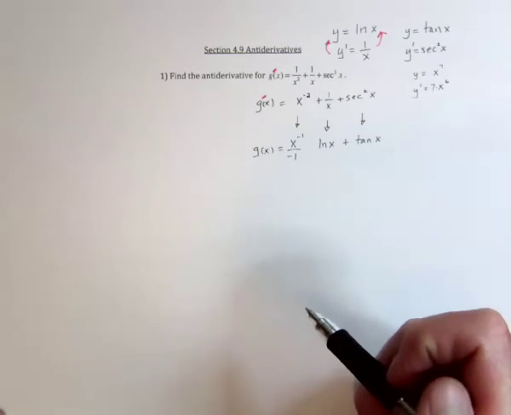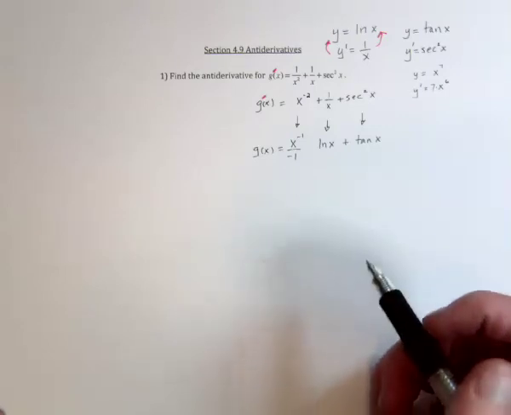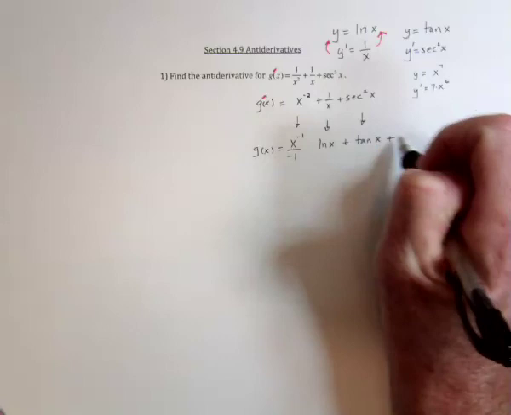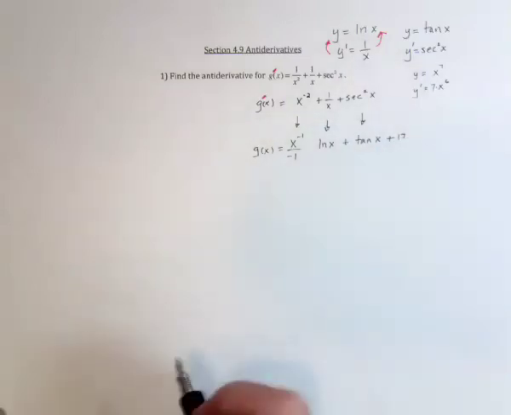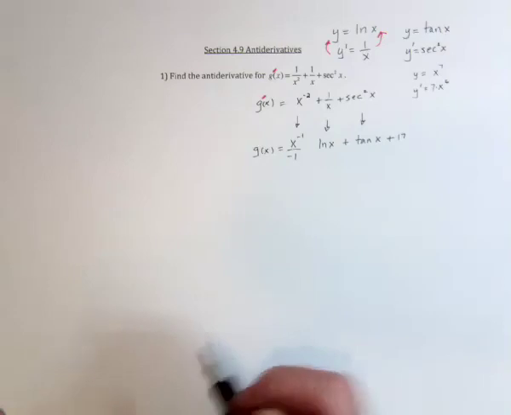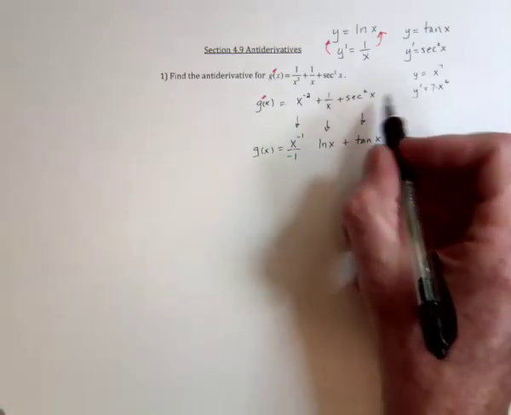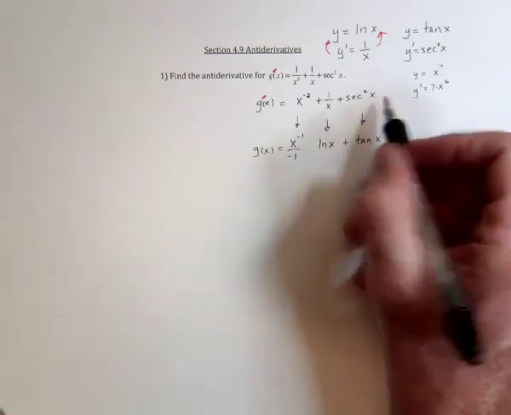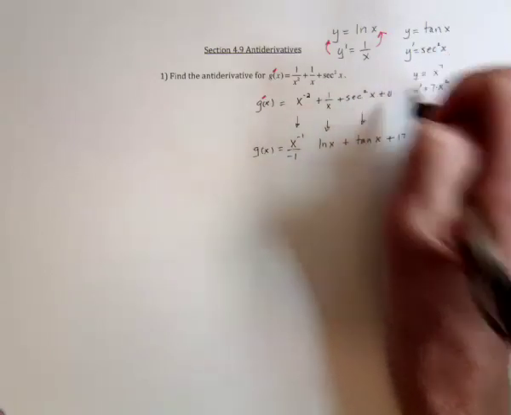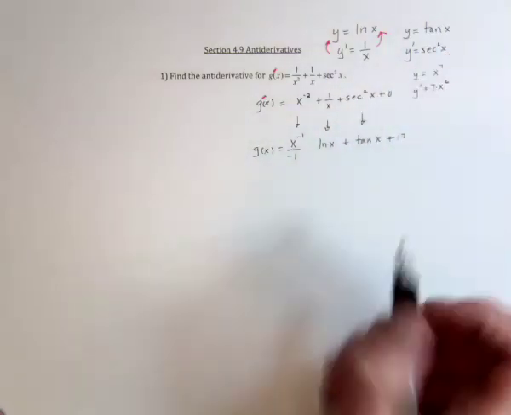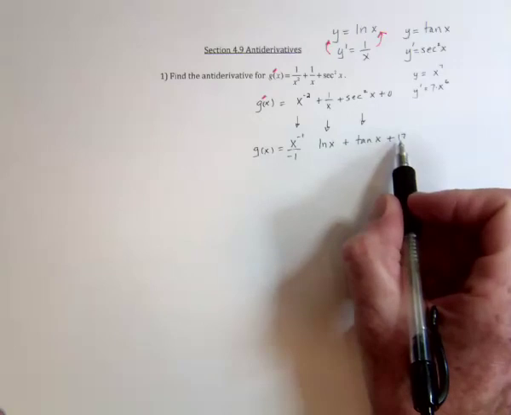There's only two small things. One is, if this would have had, say, plus a 17, then when someone takes the derivative, well, the derivative of 17 is 0, and so this one had a 0 there, so maybe there was a constant there, and nobody knows if it's 17 or 1700 or what for the constant.